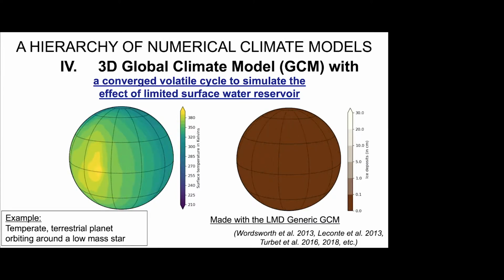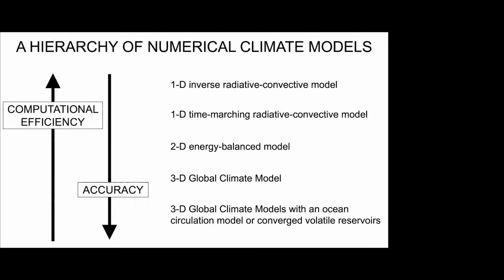Although I will be discussing more during the rest of my presentation what you can do with this kind of three-dimensional global climate model, I must acknowledge that we need all of these models. Each of these models has some upsides and downsides. For example, the 1D radiative-convective models are not aiming at reproducing the real planet as closely as possible, but they have the advantage of being so computationally efficient that you can explore a wide range of parameters.